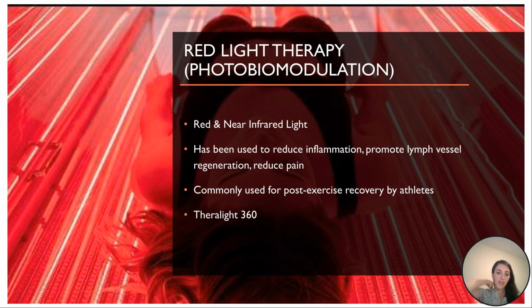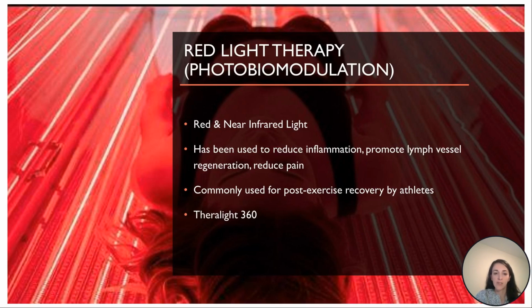All right. Something that is a little different is red light therapy, or photobiomodulation. This is really cool. It uses far and near infrared light, and it has been shown to reduce inflammation, reduce oxidative stress, which is really the mechanism by which it does that, and it can help promote lymphatic vessel regeneration and reduce pain.